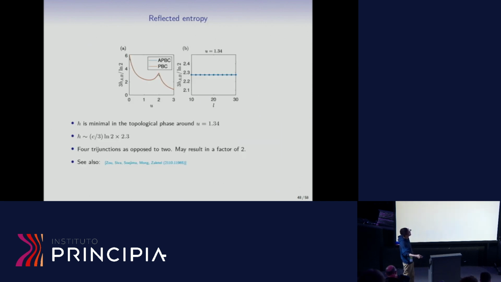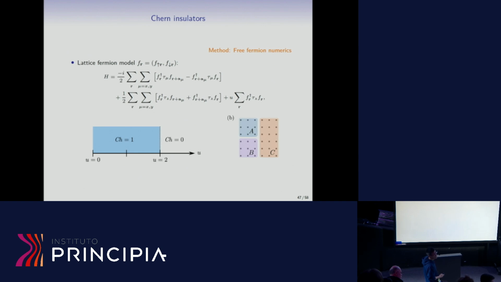For reflected entropy, we find, okay, let's go back to the Chern insulator. In the topological phase, we have Chern number 1, so you have essentially a chiral state at the edge. So it should be like c equals 1. Yes, I should say that.